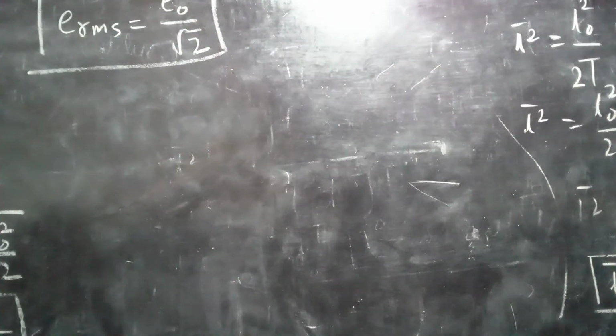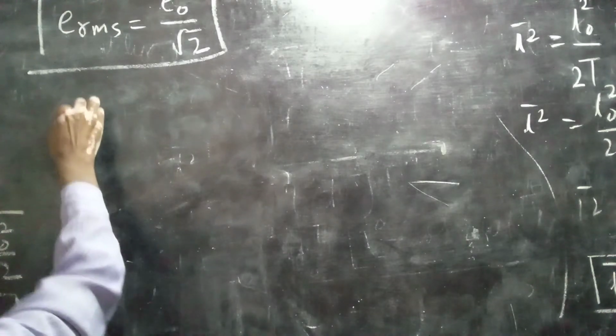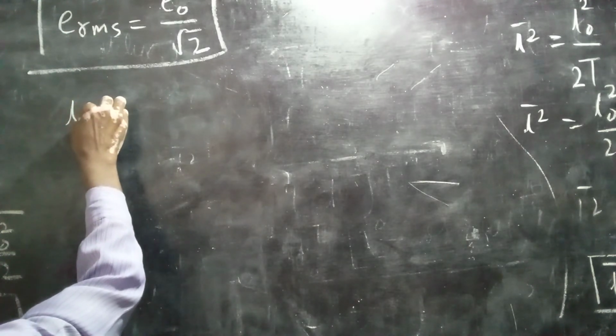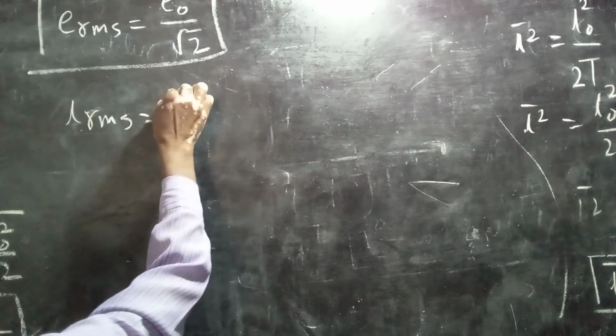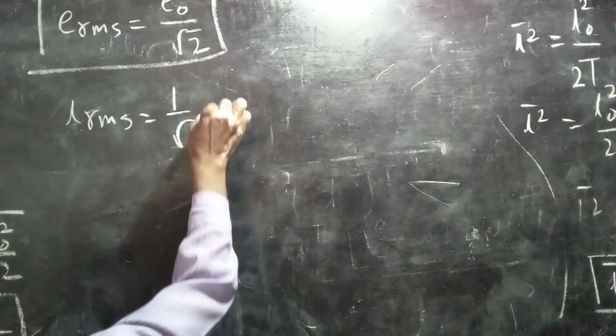So the root mean square current, voltage and potential of alternating current is 1 by root 2 times the peak value. IRMS is equal to 1 upon root 2 into I0.